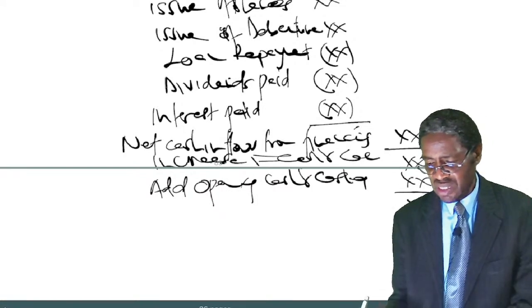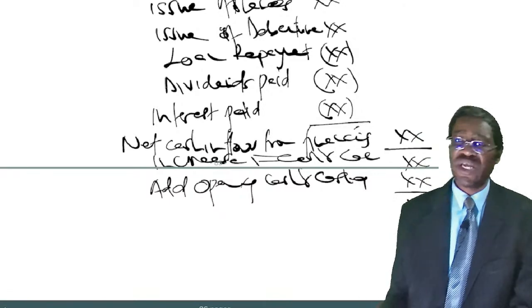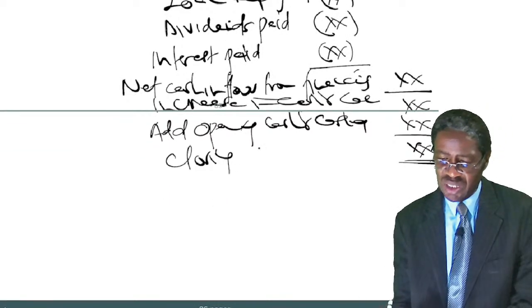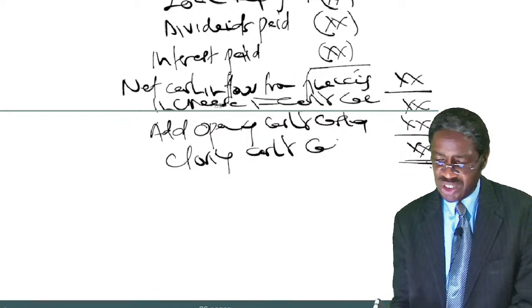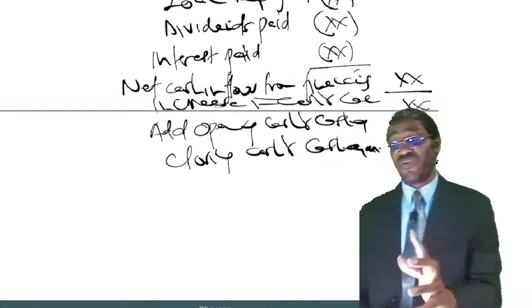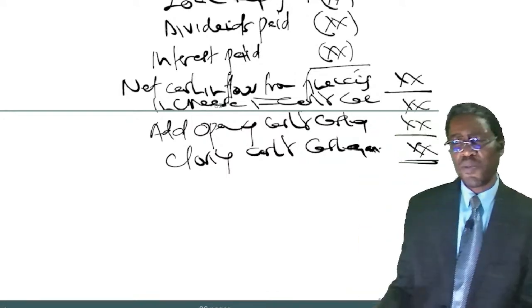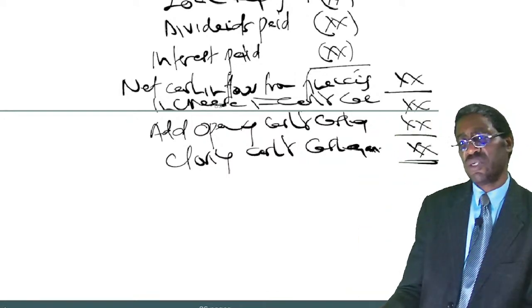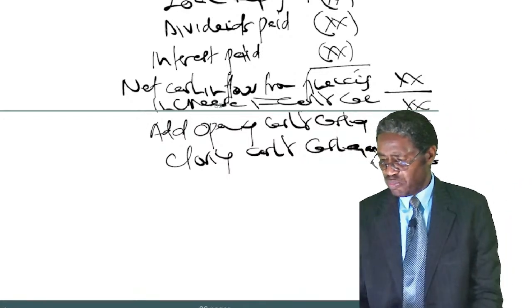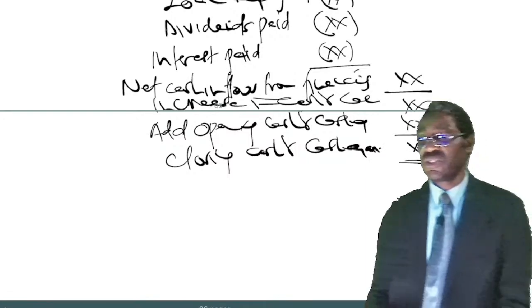Then you get the net down there, that amount, we call it closing cash and cash equivalent. Now you know the general format of a cash flow statement. Now you know how to prepare a cash flow statement.